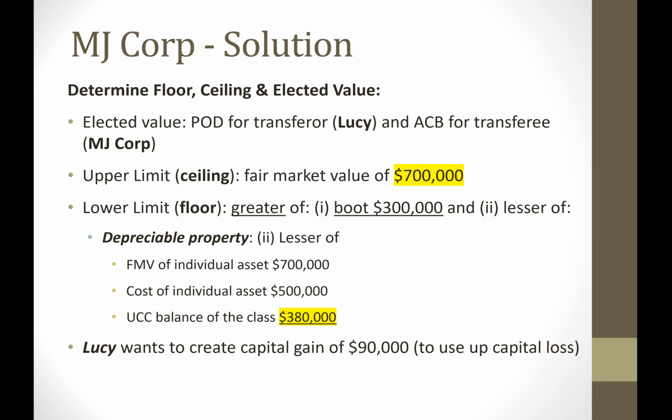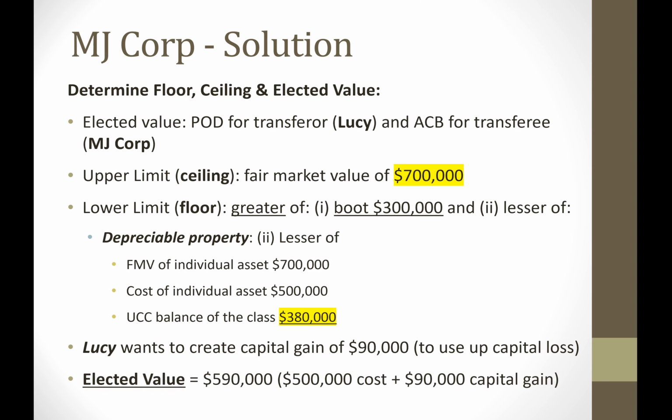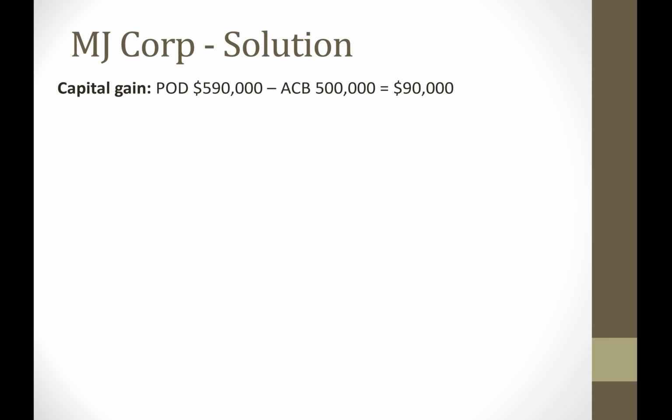And so in this example then, she wants to have an elected value equal to $590,000. That's going to be her deemed proceeds of disposition, and that's going to create the capital gain of $90,000 that she wants to trigger. So let's move on to the next slide and look at the implications.